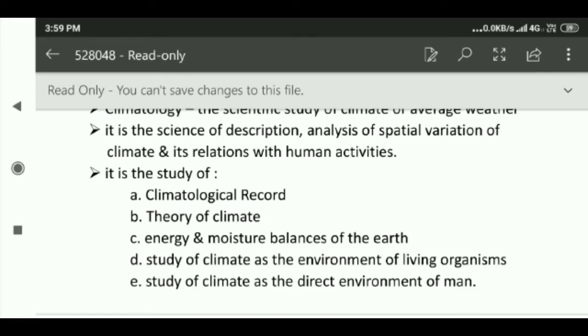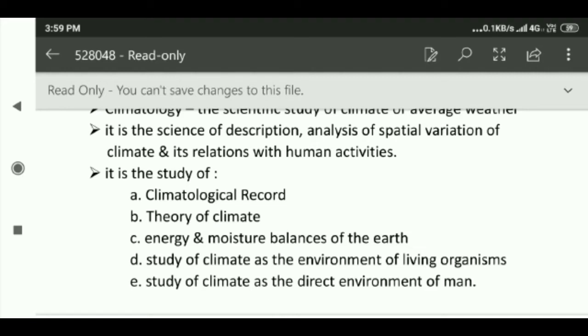Climatology describes and explains the nature of climate. It is the study of varieties of climates found on the earth and their distribution over its surface. According to Crutchfield, climatology is the science that seeks to describe and explain the nature of climate, how it differs from place to place and how it is related to man's activities.